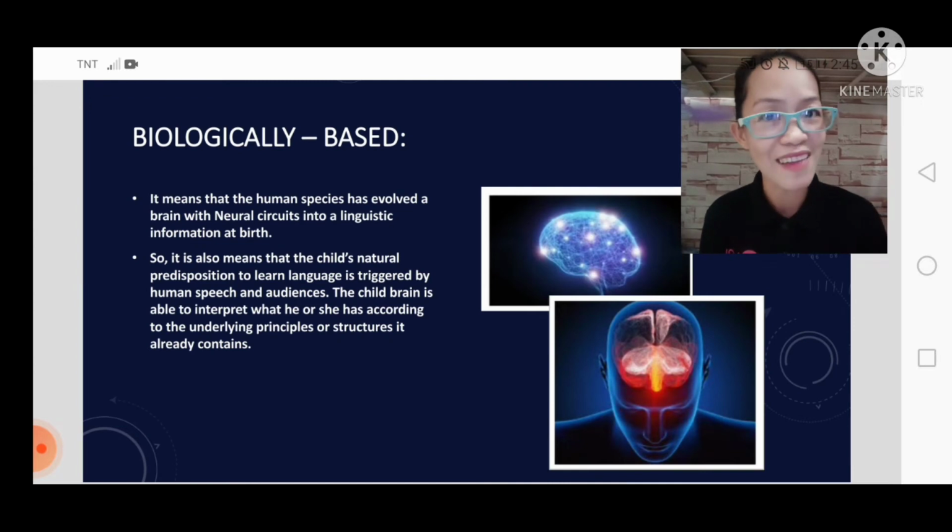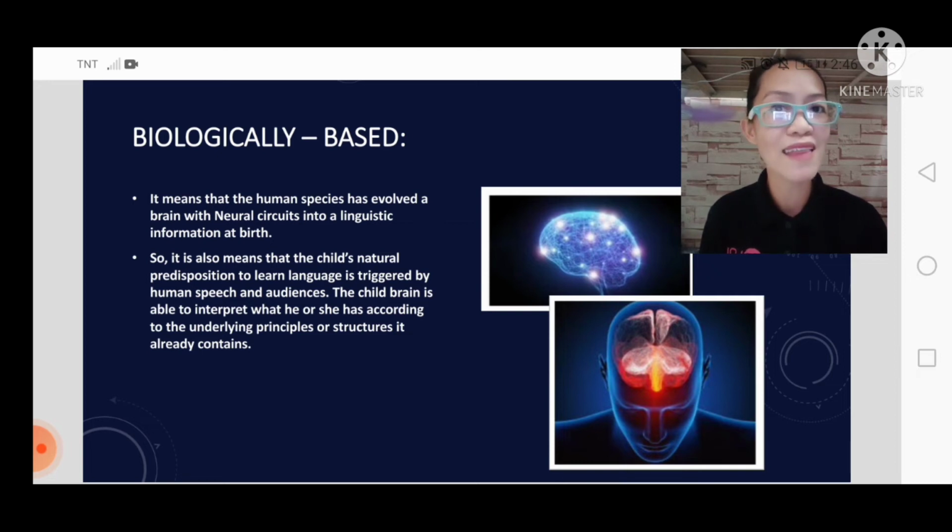So according to Chomsky, language is biologically based, which means that the human species has evolved a brain with neural circuits containing linguistic information at birth. It also means that the child's natural predisposition to learn language is triggered by human speech and audiences.